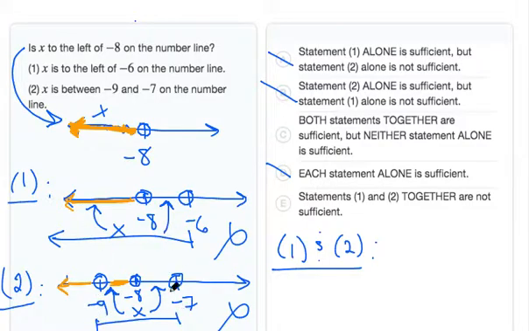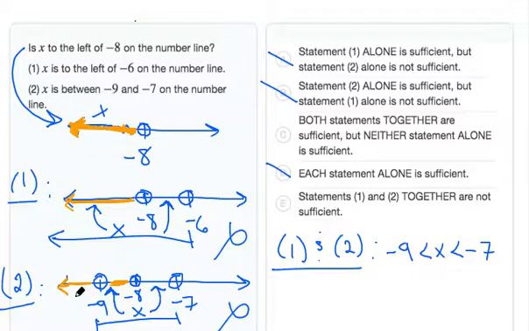They actually overlap between -9 and -7. So combining the two statements, we need x to be between -9 and -7. If we drew this number line out, it would be the exact same number line as statement 2.